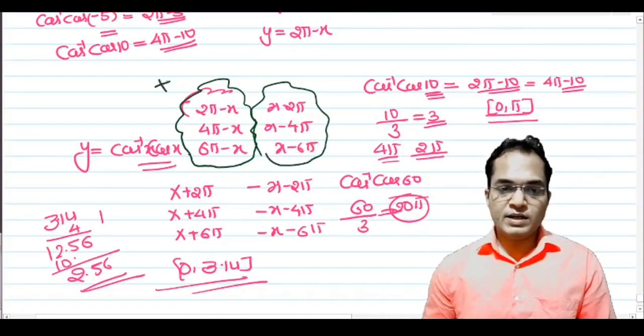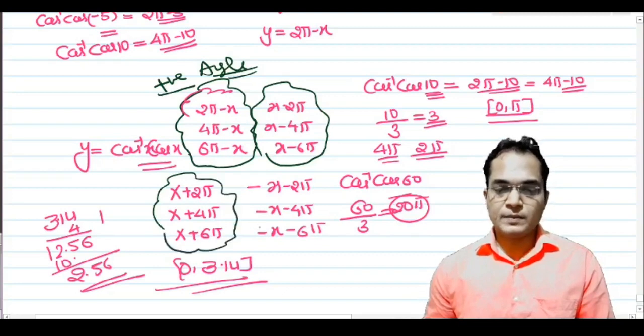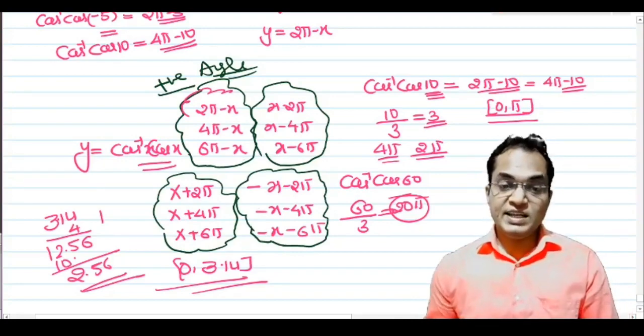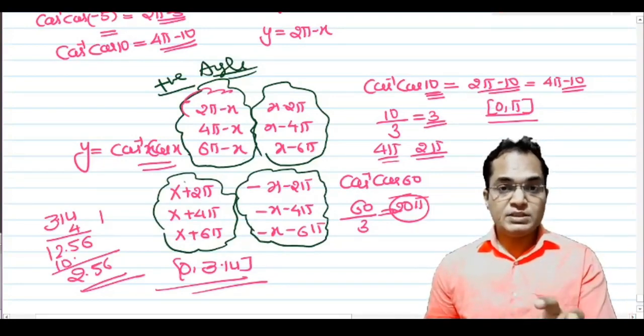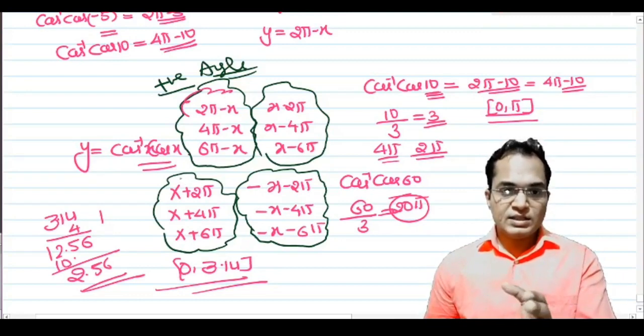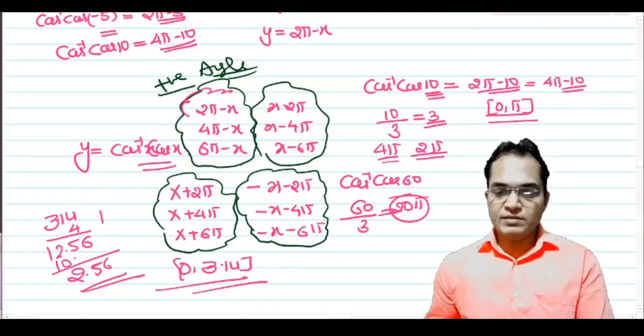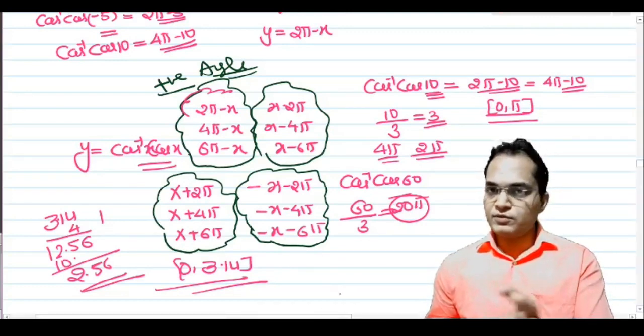For the positive angles, these two scenarios happen, and for the negative angles, these two scenarios happen. And it is so easy to memorize: our main aim is to reduce the angle, and then you can understand very well where is the negative and where is the positive. Okay, these are the main features of the graph of cos inverse cos x.